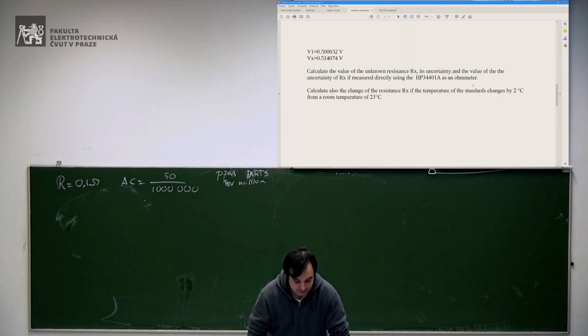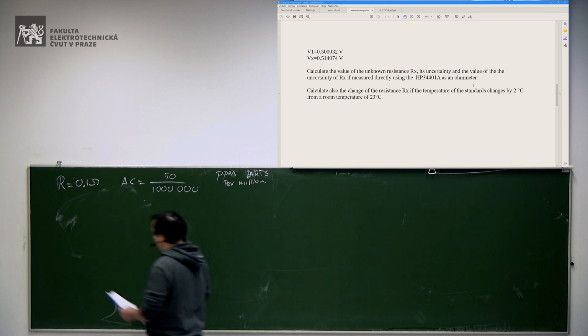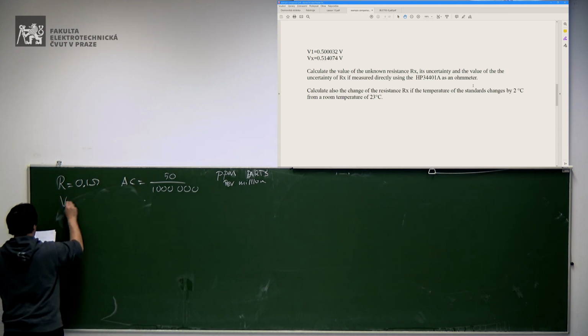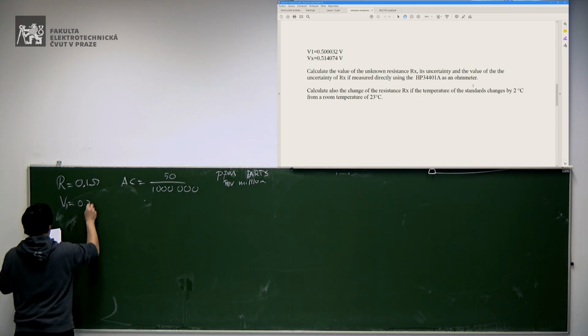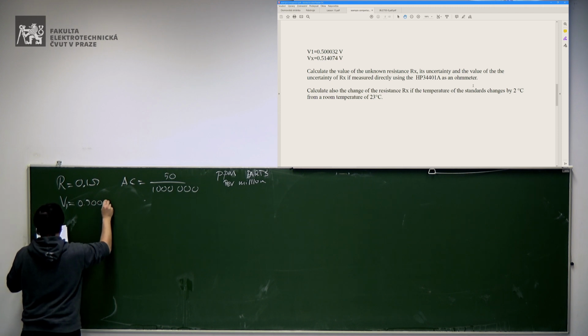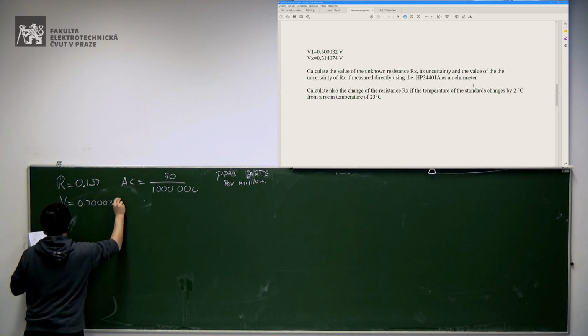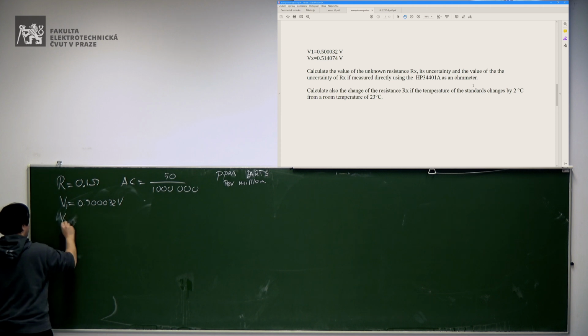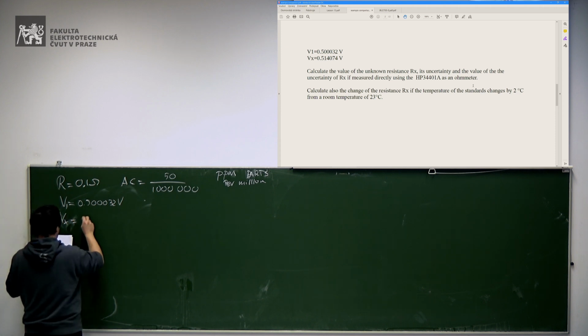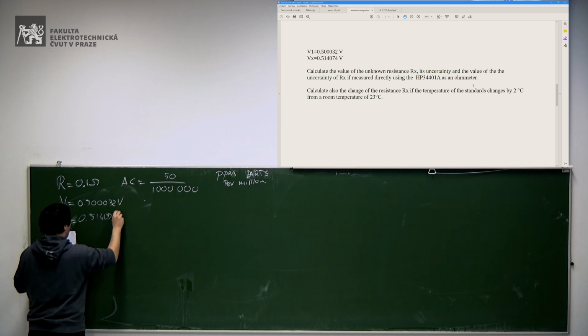And you measure V1, 0.50032 volts, and Vx, it's 0.514074 volts. Okay.